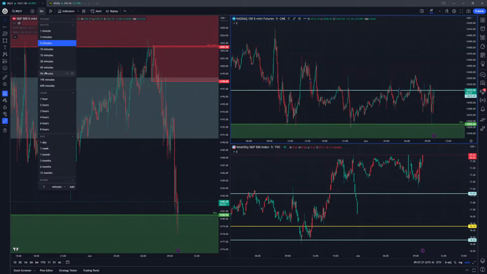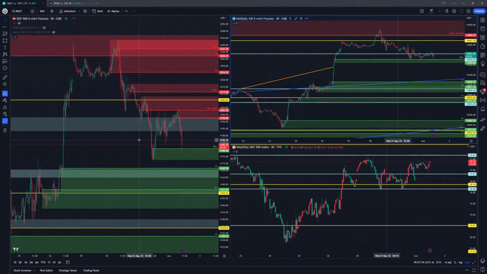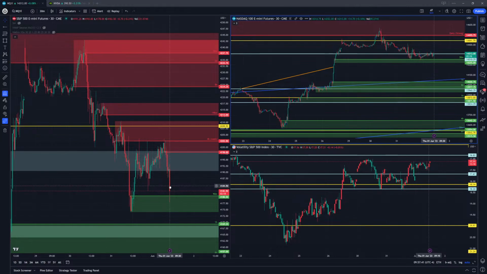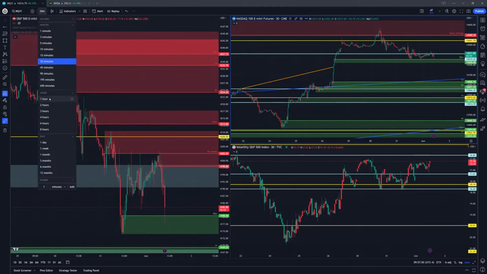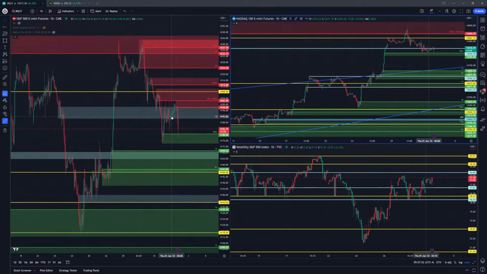NQ or ES, let's take a quick look. Let's check out the 30-minute. Remember, I did want to see this 30 close. We have about 2 minutes left in this 30. If we do wick all the way back up, let's check out what the 1 hour is looking like.